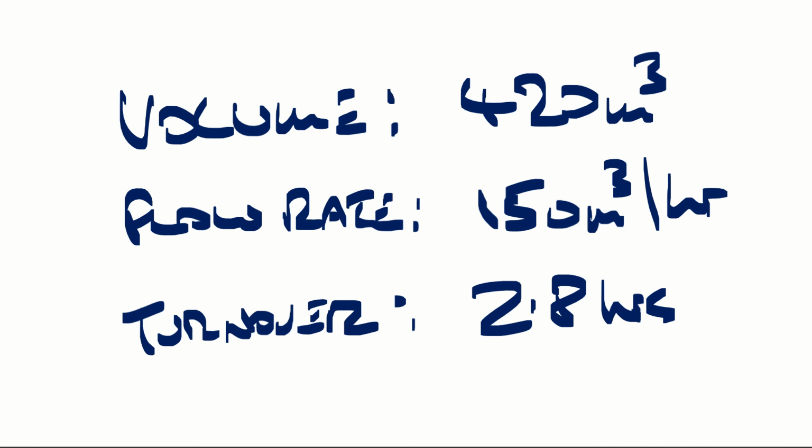But you don't want it too quick either, because if it's too quick, then the water will be traveling too quickly through the filtration system. So it's a bit of a balance to get the flow rate correct, to give the required turnover time for your particular type of pool.